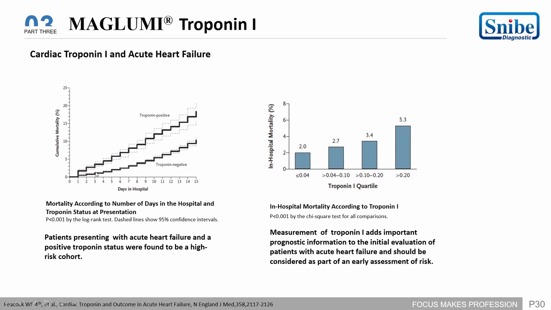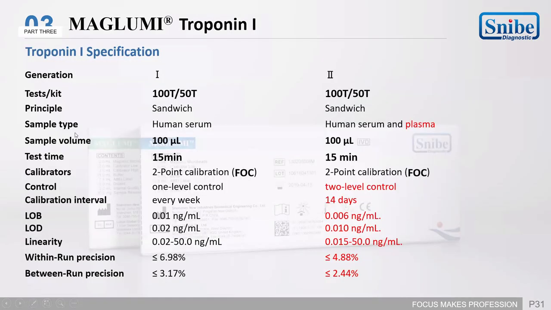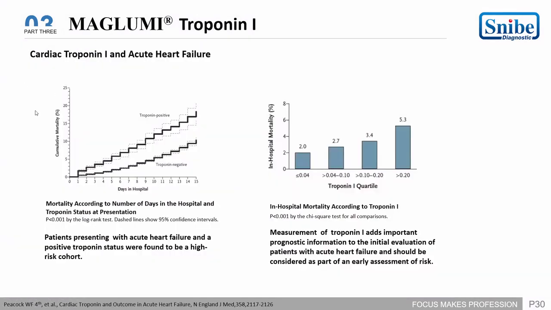In this presentation, the p value is less than 0.001 by the log-rank test, and the dashed lines show the 95 percent confidence interval. The patient presenting with acute myocardial infarction and heart failure, with a positive troponin status, also shows a high risk as compared to those whose troponin values are negative.